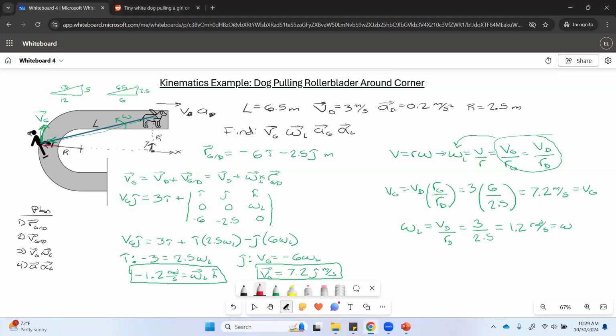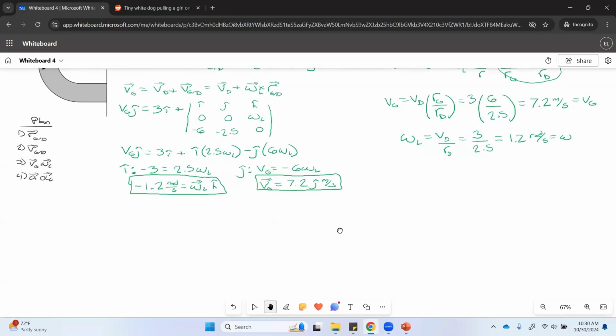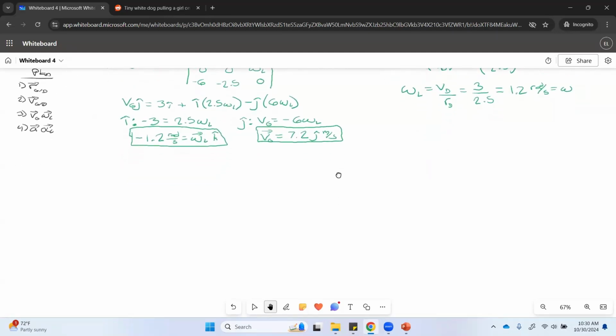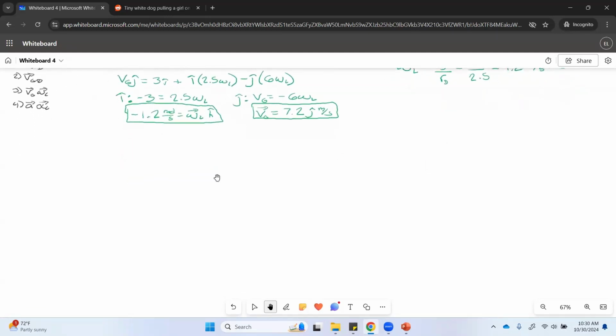So the girl is going to have a radial acceleration, and she's going to have a theta acceleration. So we need to account for both of those. The theta acceleration will be the rate of change of speed, and the radial acceleration will be that centripetal one. So let's scoot down and then work the rest of it out here.